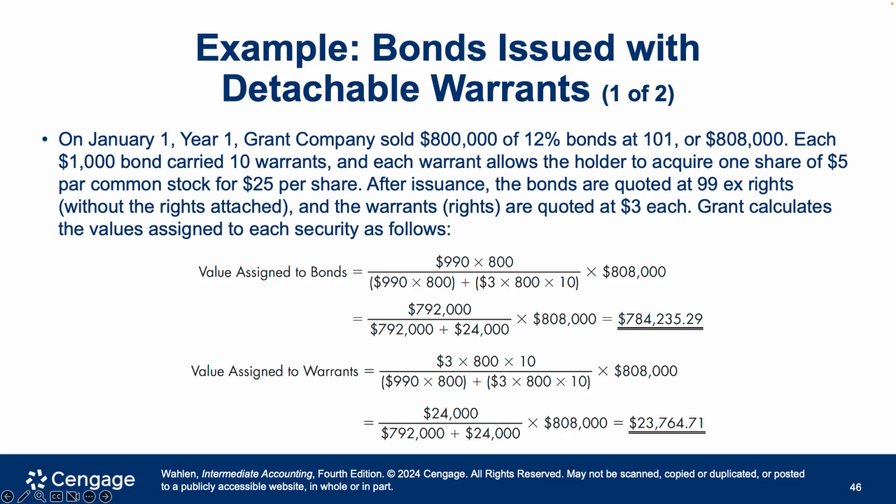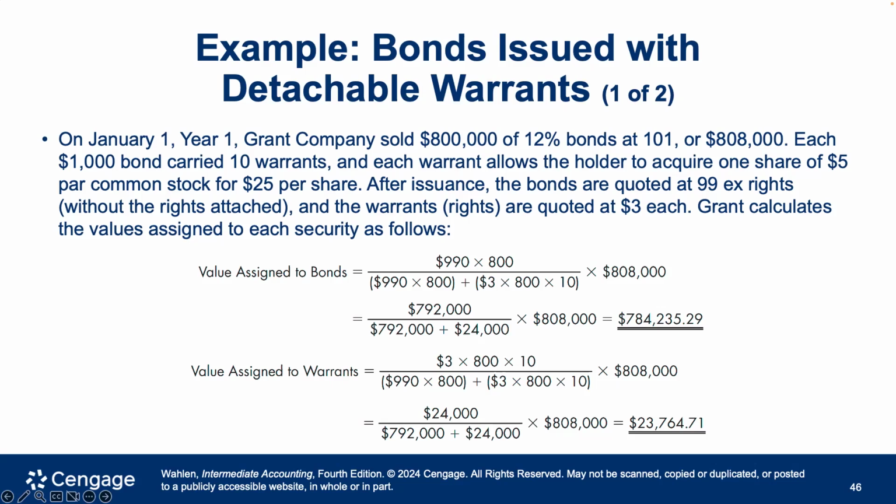So our $1,000 bond at 99, $990 times 800 equals 792,000. Market value of the warrants, 3 times 800 times 10 gives us 24,000. Total combined value, 816,000. We're going to allocate all of this proportionally.